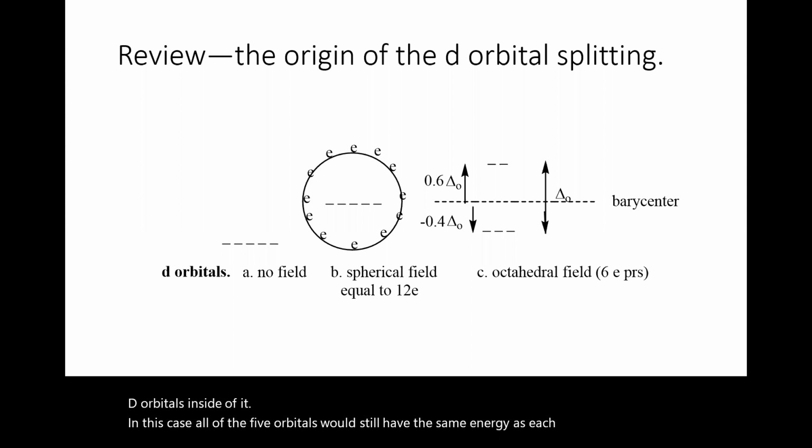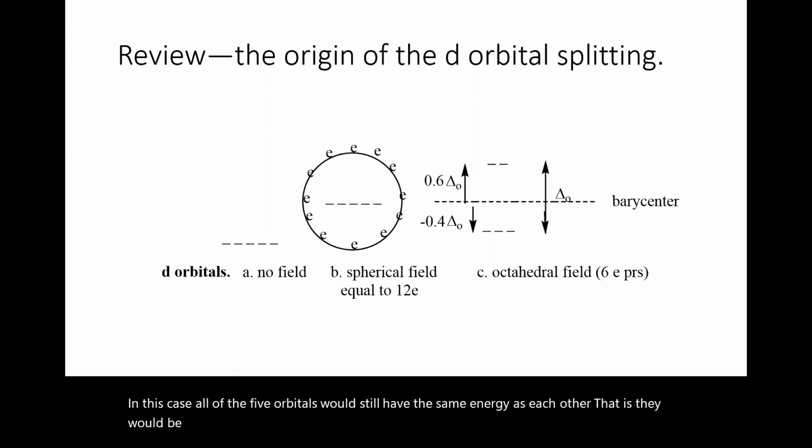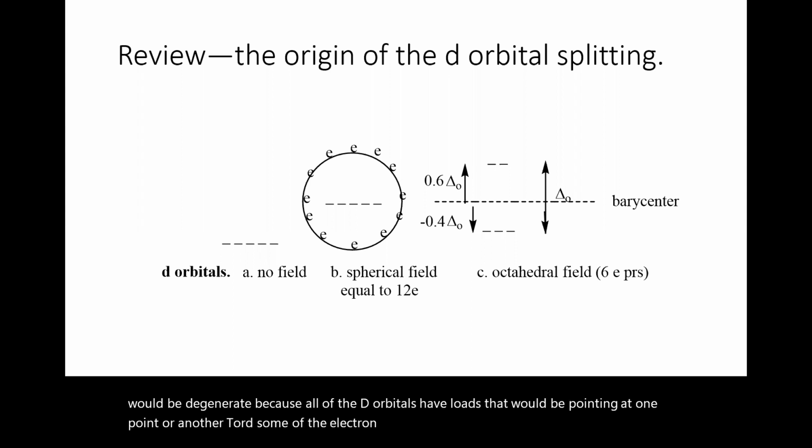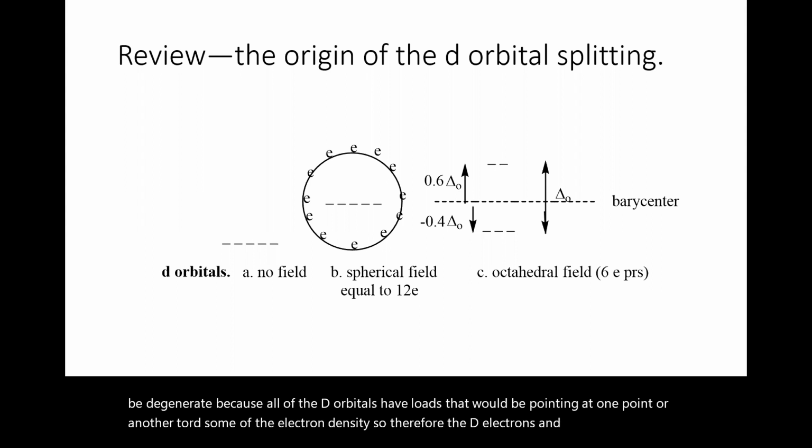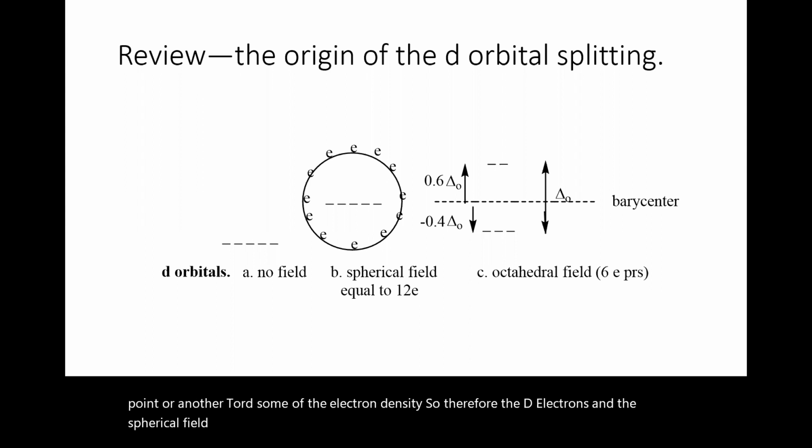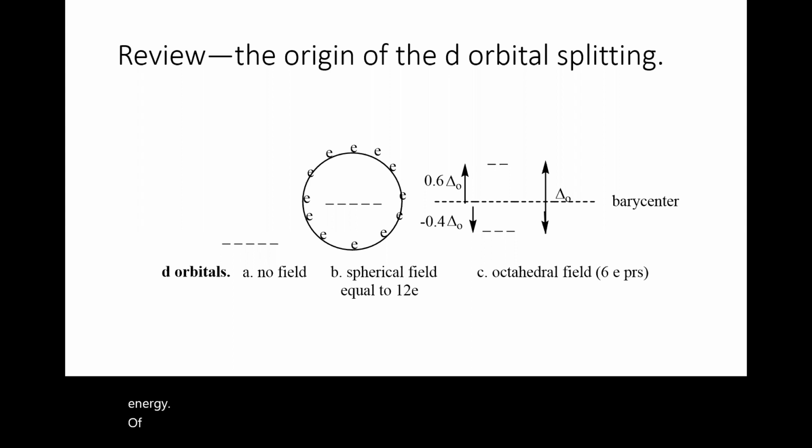That is, they would be degenerate because all of the d orbitals have lobes that would be pointing at one point or another towards some of the electron density. So therefore, the d electrons and the spherical field electrons would all repel each other to some extent, therefore increasing the energy of the d electrons.